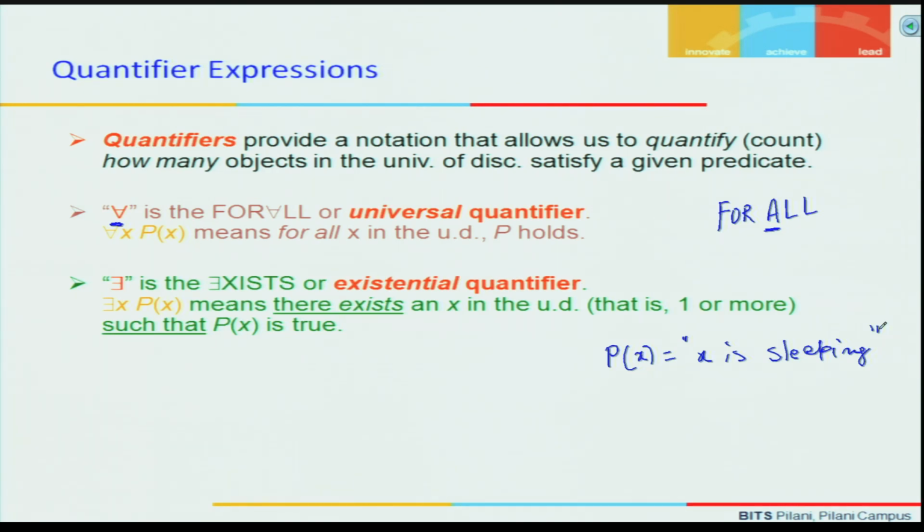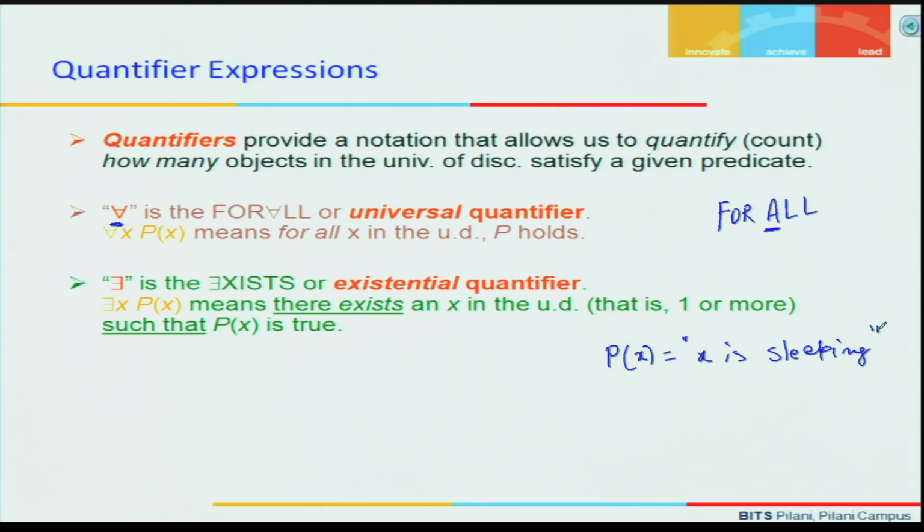It means all human beings are sleeping, which is true or not, let us not debate on this. This is a proposition. It can take either a true or false value. I will be able to quantify how many objects are satisfying my given predicate.